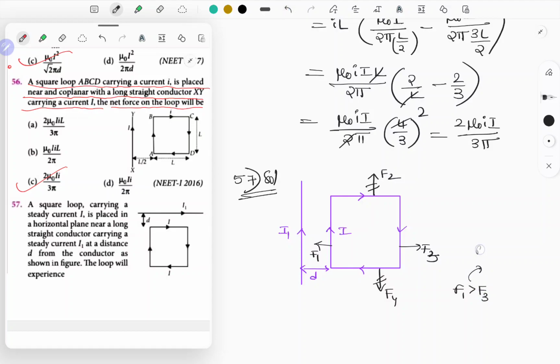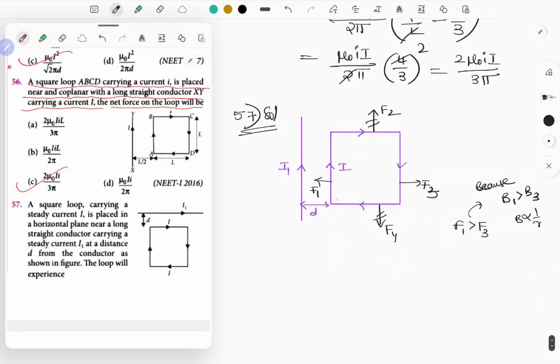Why? Because B1 is greater than B3, because B is inversely proportional to distance. This is the reason. So which force is greater? F1 is greater or F3 is greater? F1 is greater.